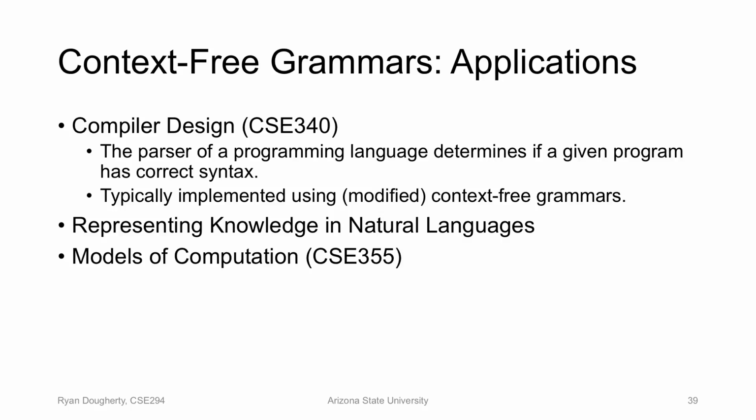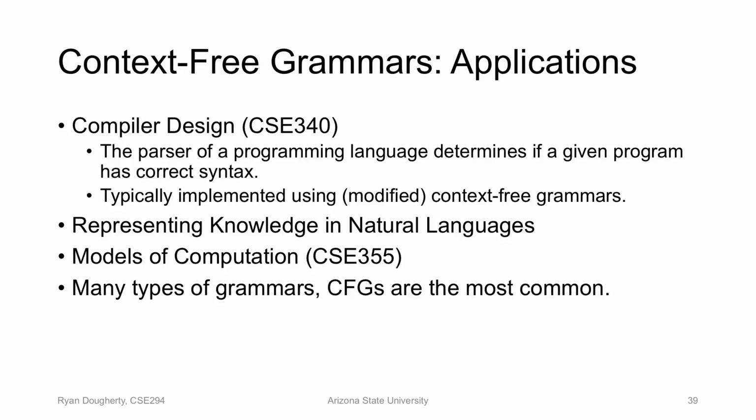There are some sets of problems that context-free grammars can solve. Maybe there are some programming languages that context-free grammars cannot model at all, right? So there is a distinction there, but they're used in this setting also.